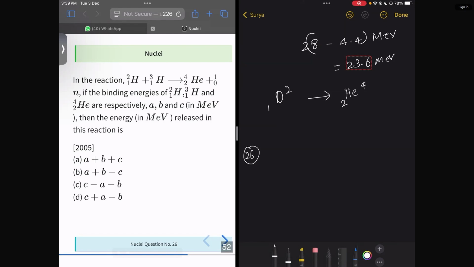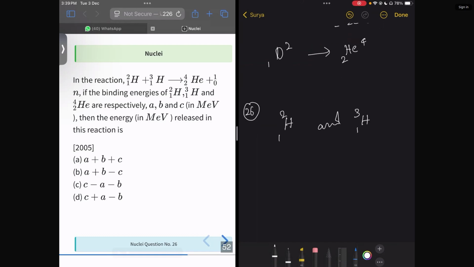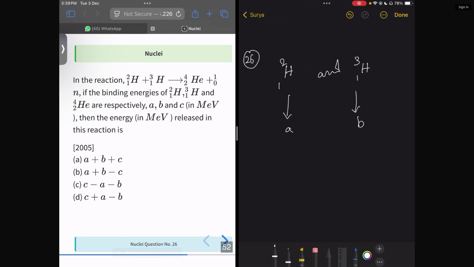So here H2 and H3 have the energies A and B, the amount of energy needed for the nucleons to be separated.